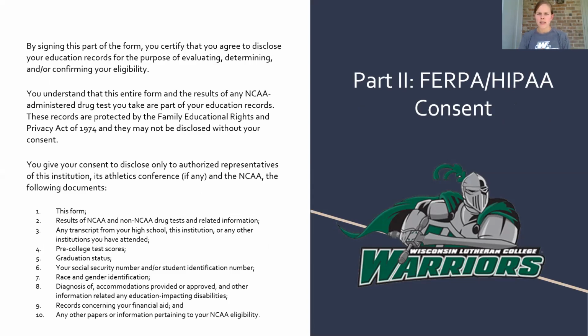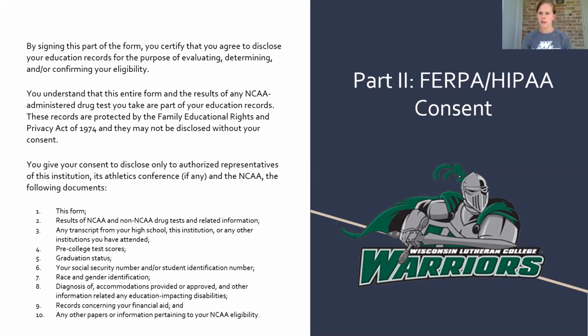Part 2 is the FERPA and HIPAA consent. By signing this form, you certify to disclose your educational records for the purpose of evaluating, determining, and/or confirming your eligibility. You also give consent to disclose that information only to the necessary people, again, only for terms of eligibility.